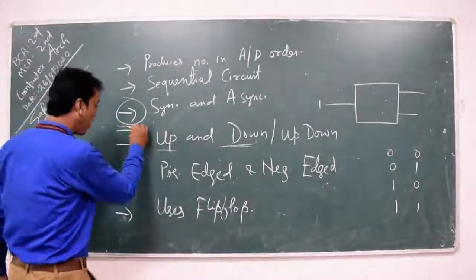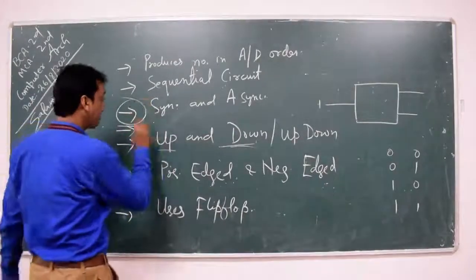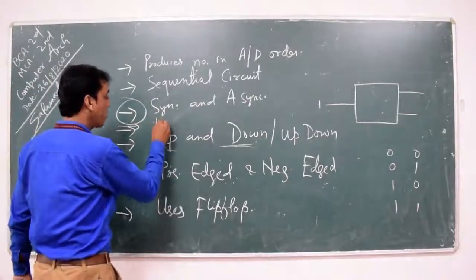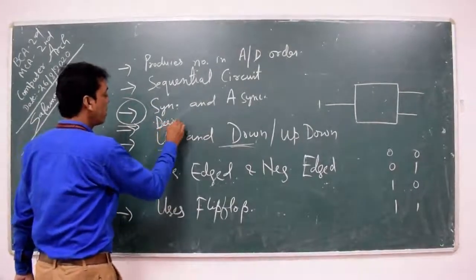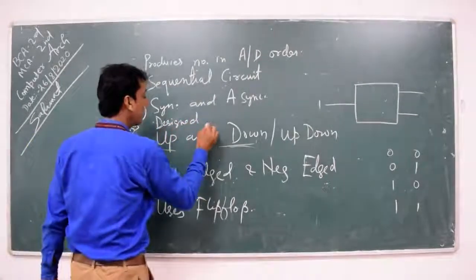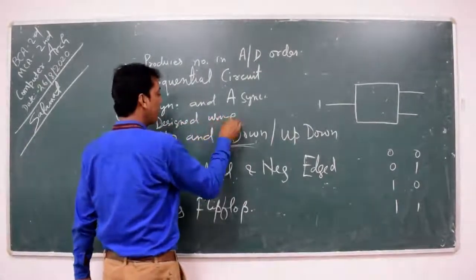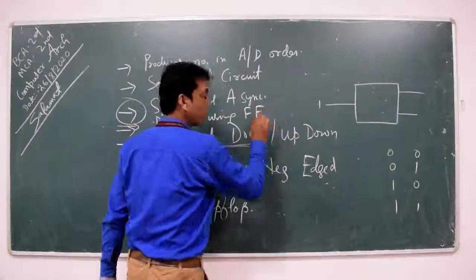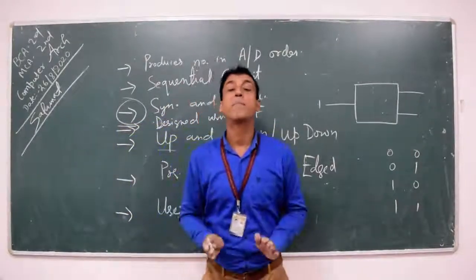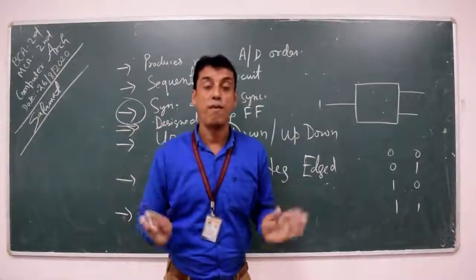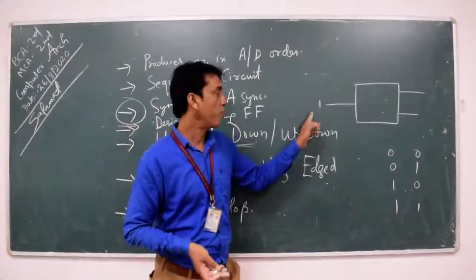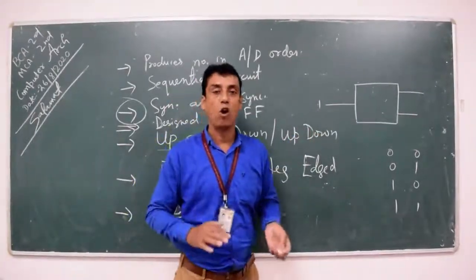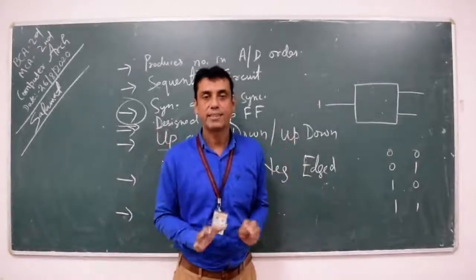One more point I would like to add, that the counter is designed using flip-flops. The counter is nothing but an organized collection of flip-flops. We all know that a flip-flop has a trigger line. When you trigger the counter, it triggers all available flip-flops inside this circuit.